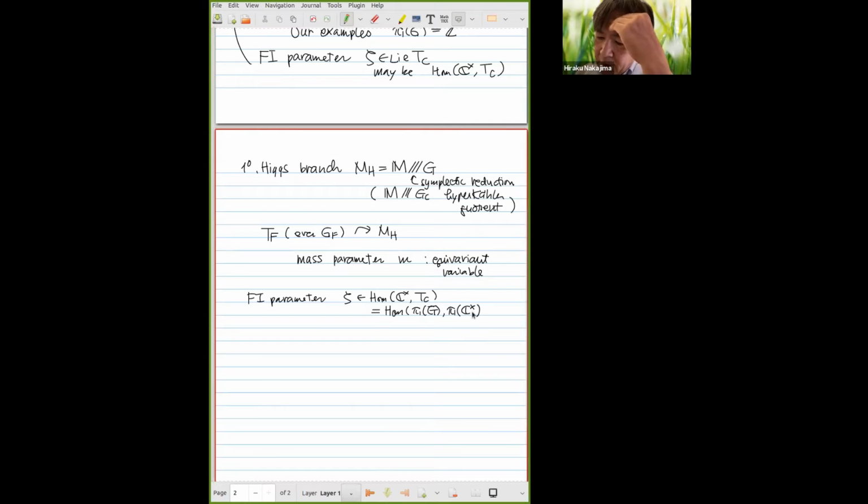So C star is the Pontryagin dual of Z, where Z is the fundamental group of C star. You can check that this is isomorphic to the group of homomorphisms from G to C star, and this isomorphism is just given by taking pi 1.